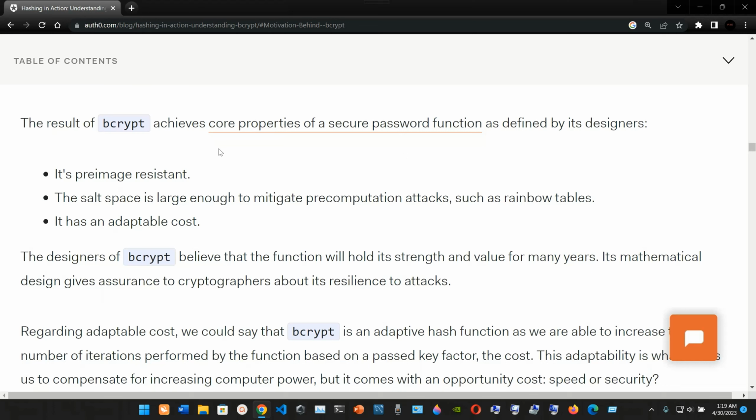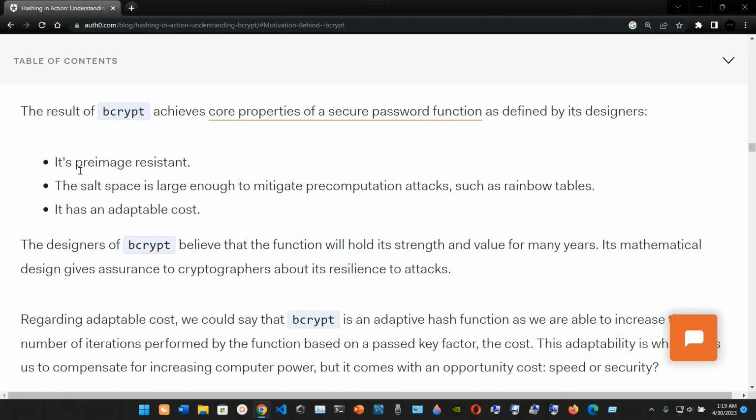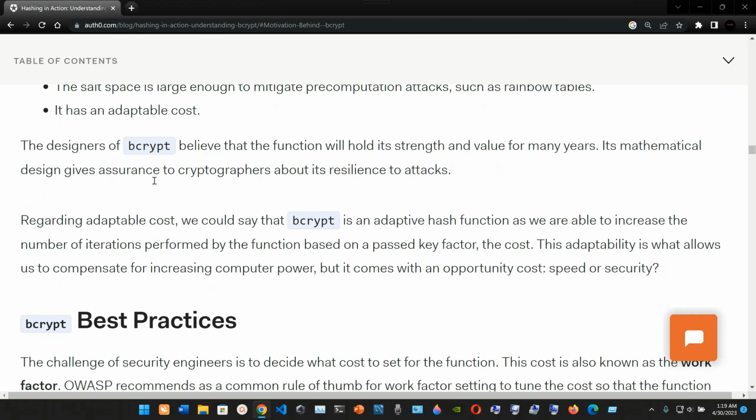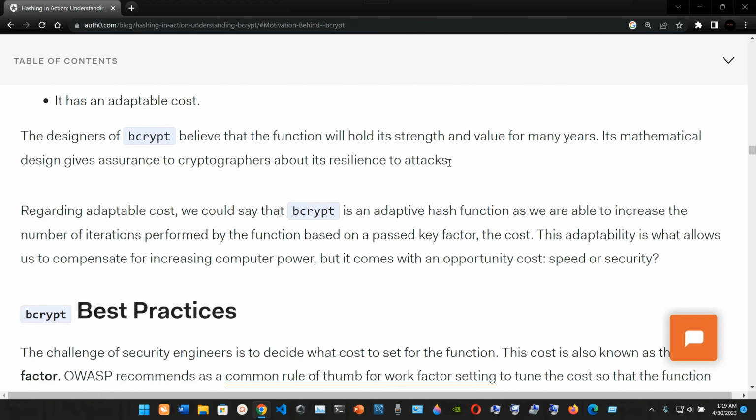The result of Bcrypt achieves core properties of a secure password function as defined by its designers. It is pre-image resistant. The salt space is large enough to mitigate pre-computation attacks such as rainbow tables. It has an adaptable cost. The designers of Bcrypt believe that the function will hold its strength and value for many years.